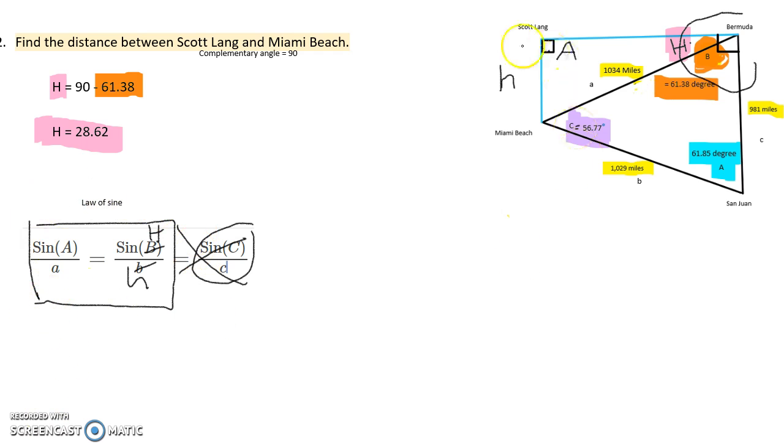And then if we plug all of the information into this equation, the equation should look like this. And then what we are supposed to do next is cross multiply, and the equation would look like this.